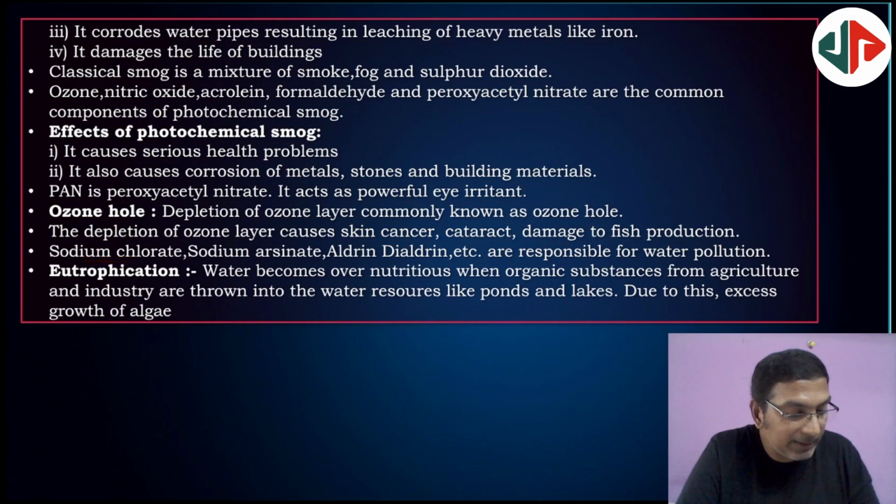Sodium chlorate, sodium arsenate, aldrin, dieldrin are responsible for water pollution. Next, eutrophication. The water becomes over nutritious when organic substances from agriculture and industry are thrown into water resources like ponds and lakes. Due to this, excess growth of algae takes place.